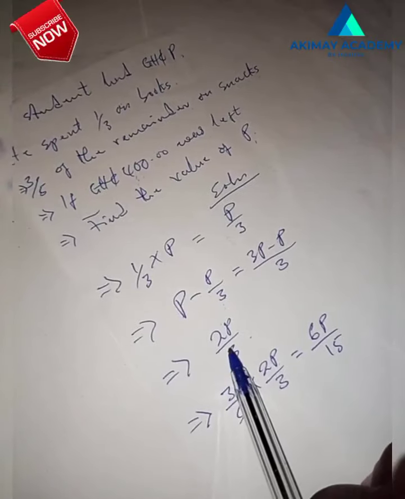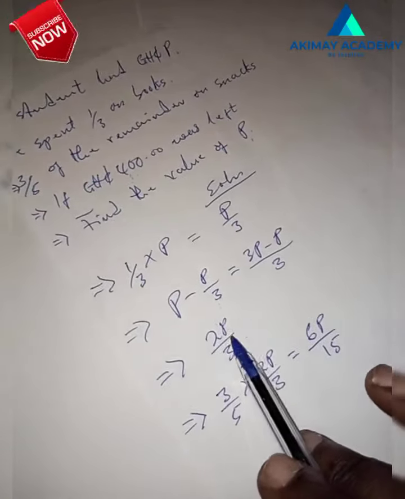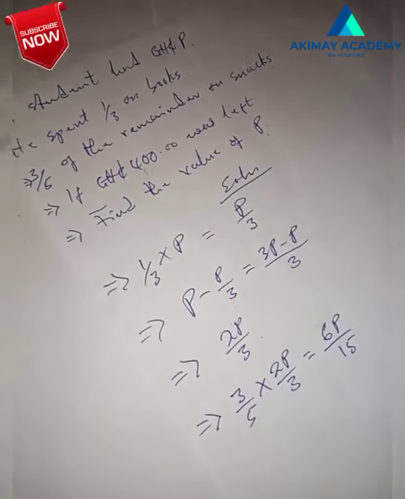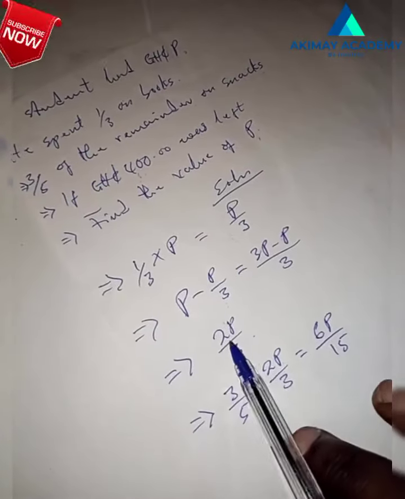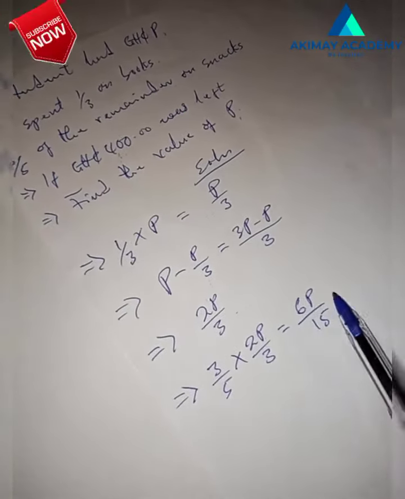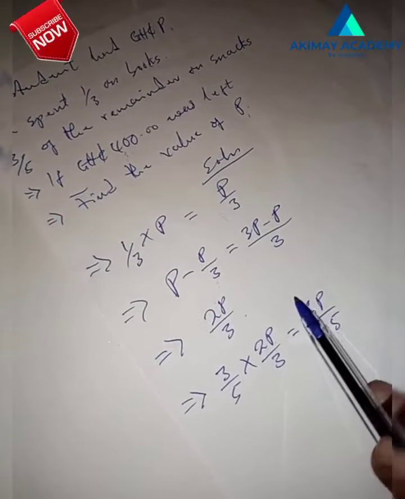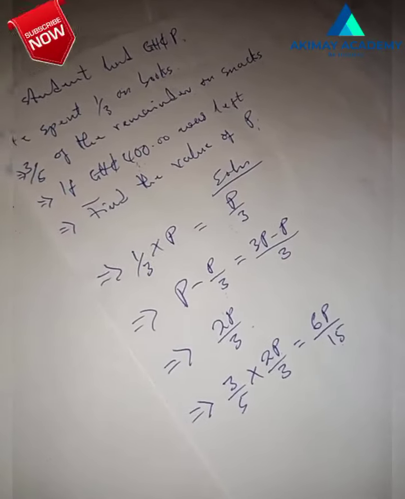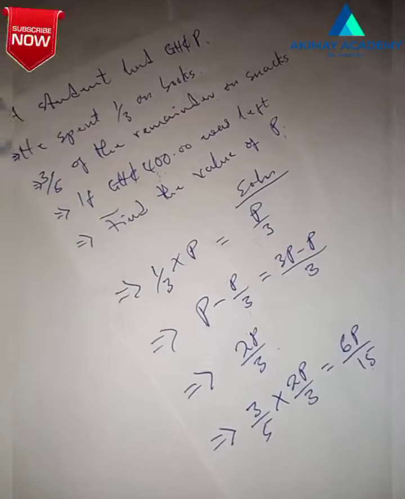This was the remaining fraction. Out of this fraction, he also spent 3/5 of the remainder on snacks. The 3/5 of the remainder gave us 6P out of 15, the fraction of money the student used on snacks.